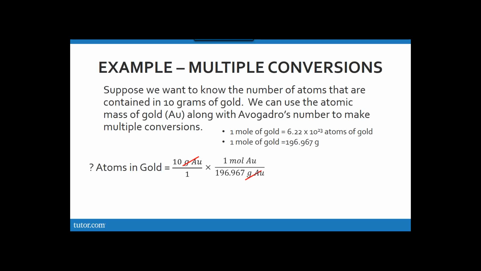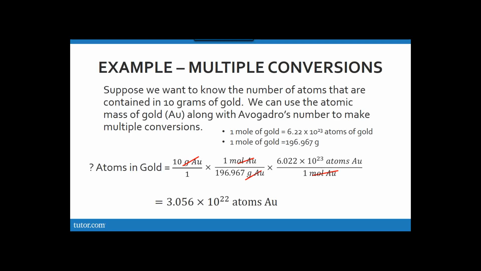So now moles appears in the numerator of this conversion factor. When we set up the next conversion factor, which is the top bullet point we see here, that 1 mole of gold contains 6.022 times 10 to the 23 atoms of gold, we just want to make sure that moles appear in the denominator of the next conversion factor. And so our moles have disappeared, and we are left with the units that we were after, which were atoms of gold.